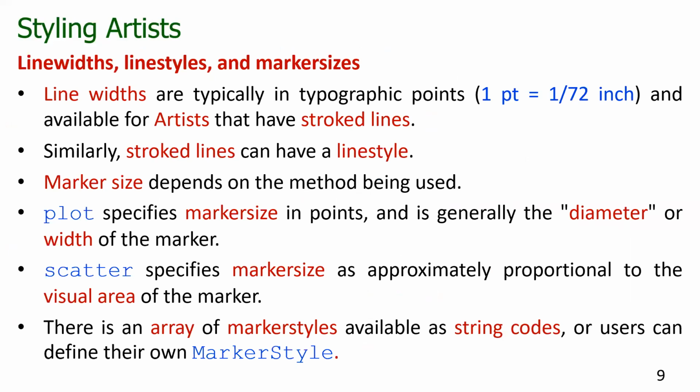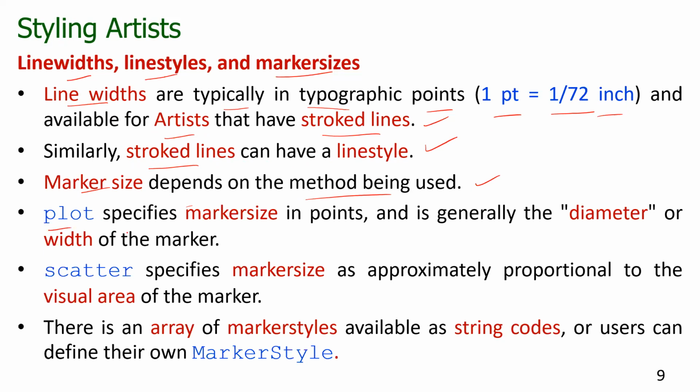Then again, here we used line width, line style and marker sizes. So what are line widths? Line widths are typically in typographic points, 1 point equal to 1/72 inch, and available for artists that have stroke lines. Similarly, stroke lines can have line style. Marker size depends on the method being used.